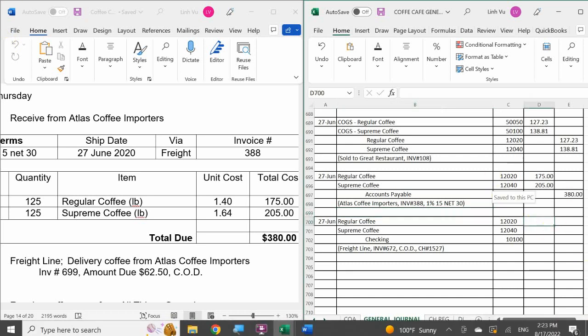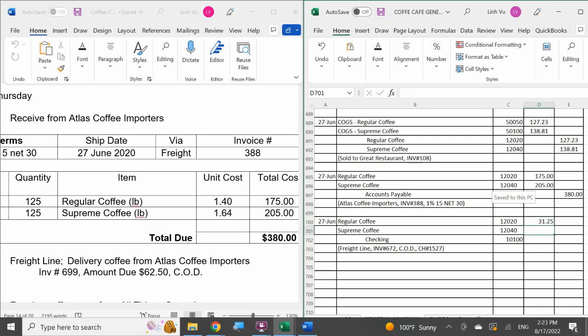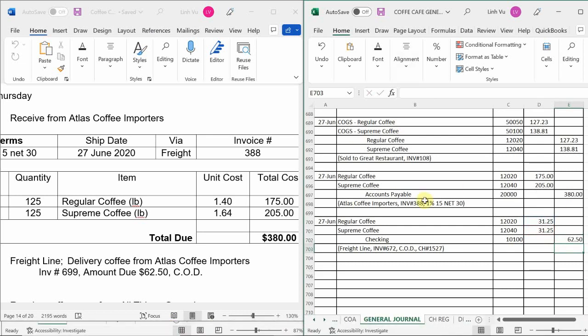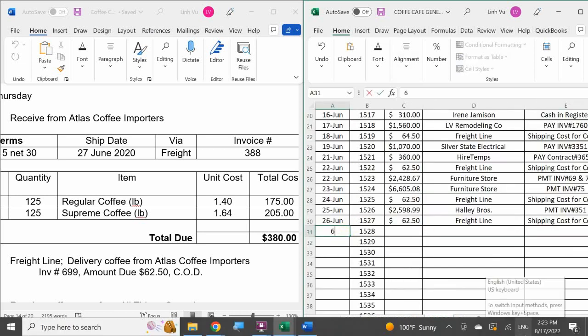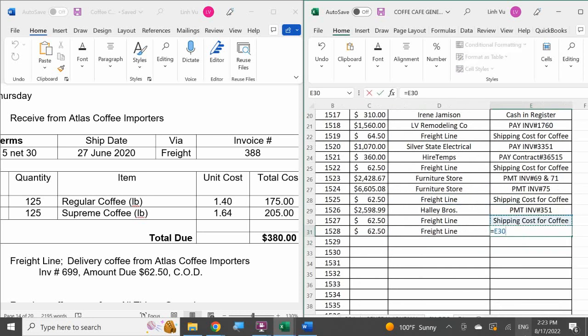So that means we're going to split the freight, $31.25 to each one to get a total of $62.50. We need to cut the check for $62.50 to Freightline for the shipment of coffee.